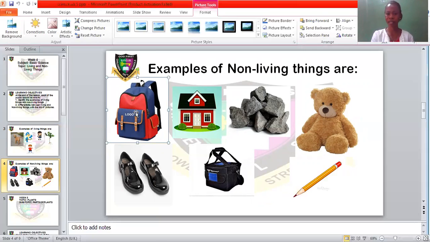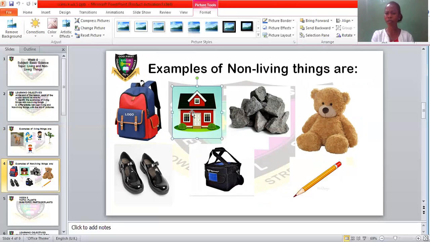A bag cannot eat. A bag cannot move unless you carry it from where it is and take it to another place. So a bag is an example of what? Non-living thing. Very good. Now let's move to the next picture.